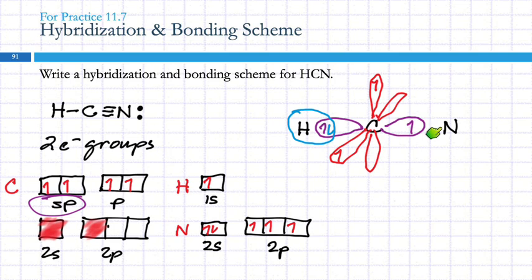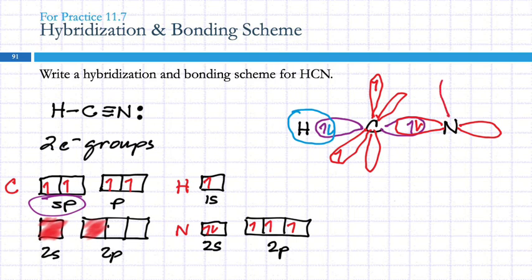And then over here we have nitrogen. Nitrogen has this lone pair, the 2s. I'm not going to draw that because it makes it a bit complicated. It's already kind of a mess. So nitrogen is going to take 1 of its p orbitals that's half filled and overlap with the hybrid orbital of carbon.